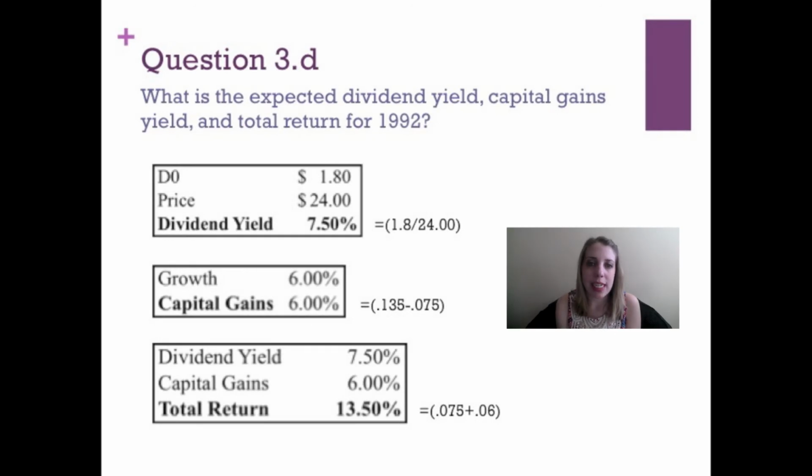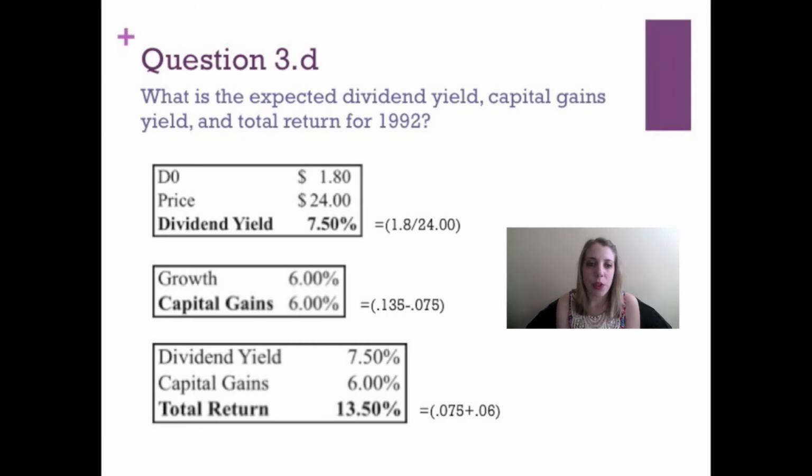So question 3D asks us to find the dividend yield, the capital gains yield, and the total return once again. So the dividend yield we find again by taking the dividend and dividing it by the price, and we get a yield of 7.5%. And then capital gains yield usually equals the growth rate, so it was 6%, and also you can mathematically find this by taking the required rate of return minus the dividend yield, resulting in 6% as well.